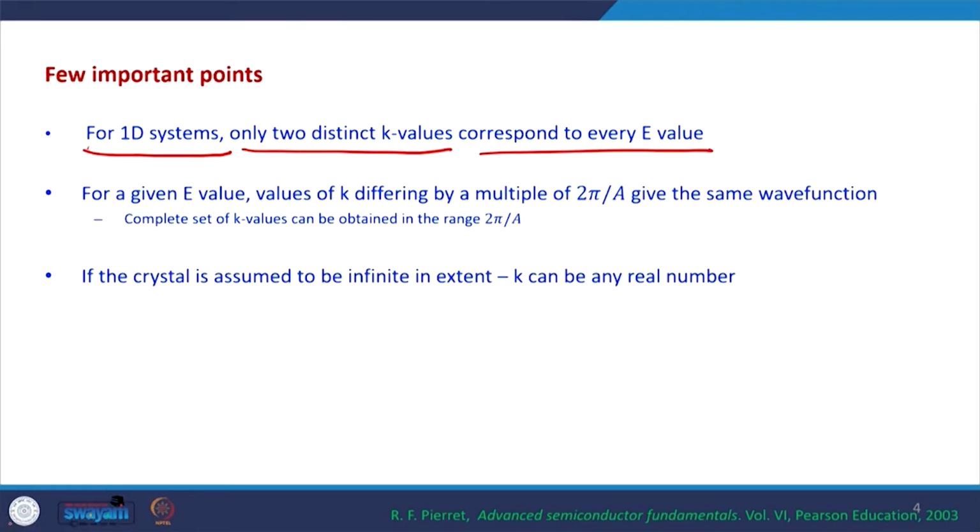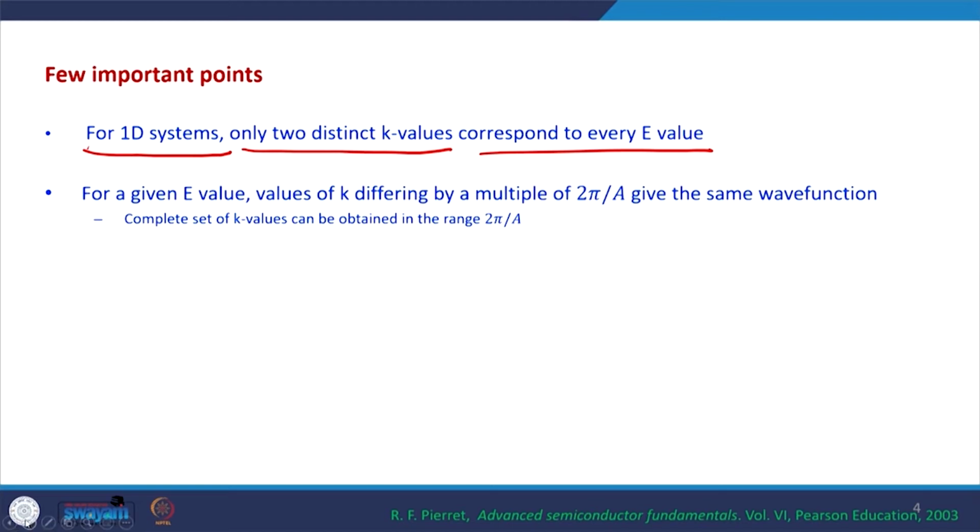Okay. Second is, if the period of the potential profile is capital A, then the values of k which differ by a multiple of 2 pi by A give the same wave function for the electrons basically.